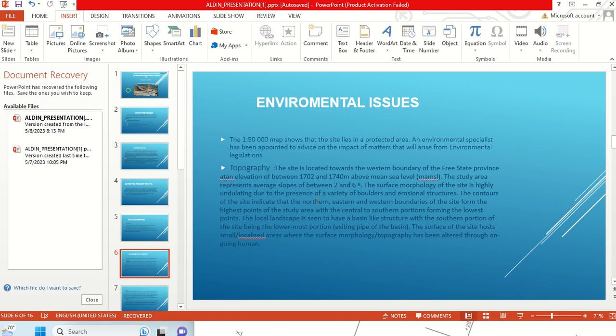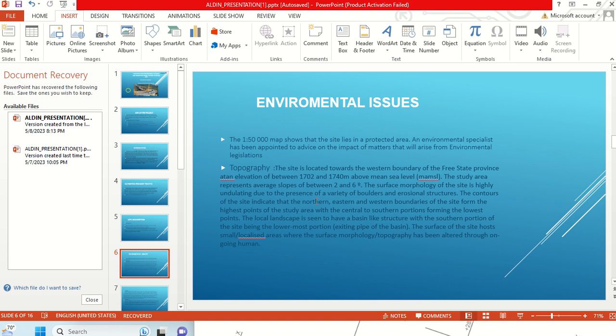Now we're going to look at the topography. The site is located towards the western boundary of Free State Province, between 1702 and 1740 meters above sea level. The area has average slopes between 2 and 6 degrees. The surface morphology of the site is highly undulating due to the presence of various boulders and also erosion structures.